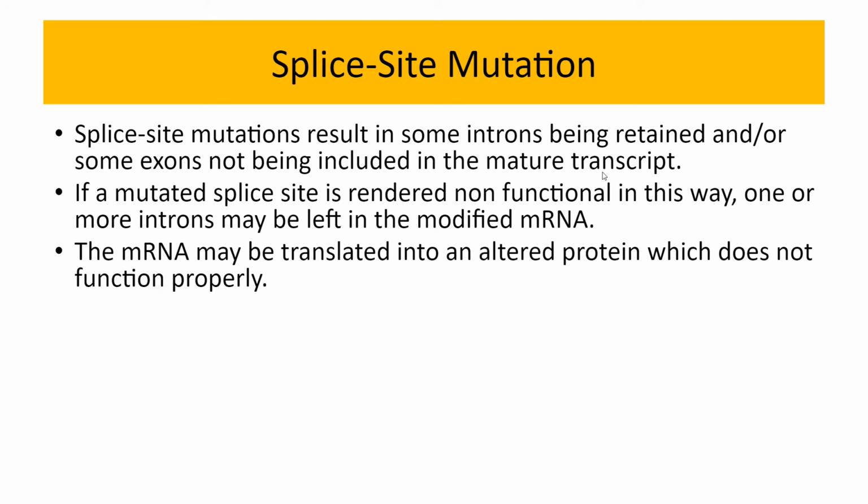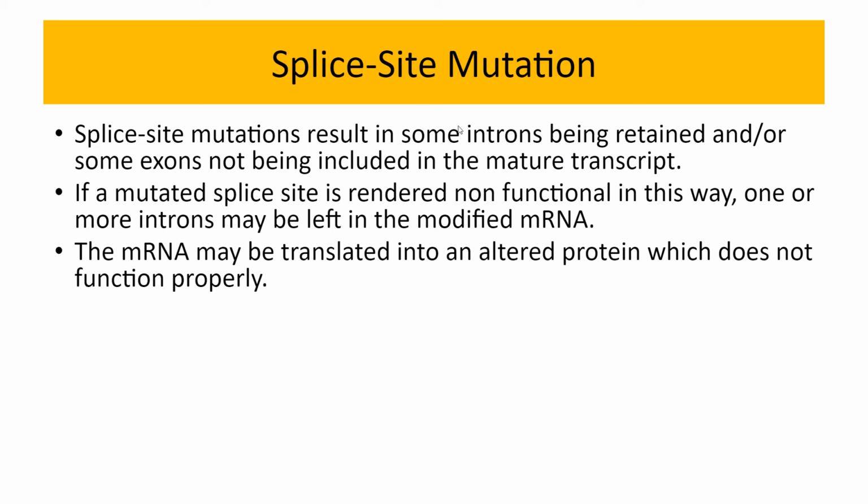So if you remember back to when we looked at RNA splicing, during splicing, exons are kept in and introns are removed from the sequence. So introns are non-coding regions, exons are coding regions.